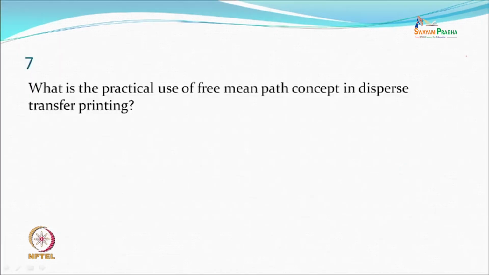So, there was another question: what is the practical use for the free mean path concept in disperse transfer printing? Well, people who deal with the molecules would like to characterize the behavior of every molecule in any phase that you want to test it out.